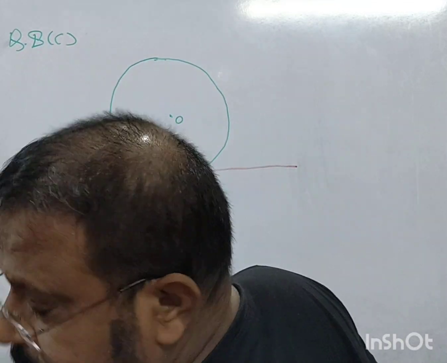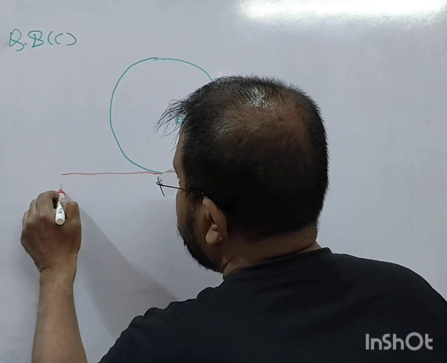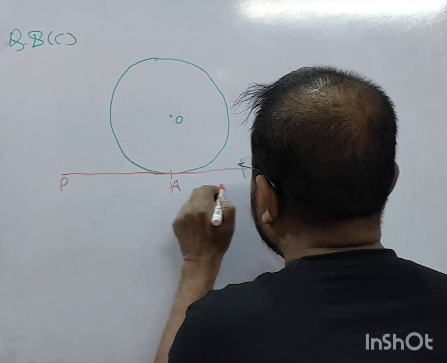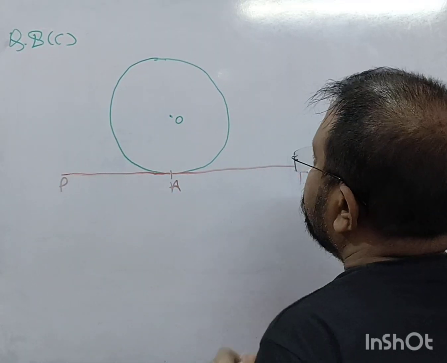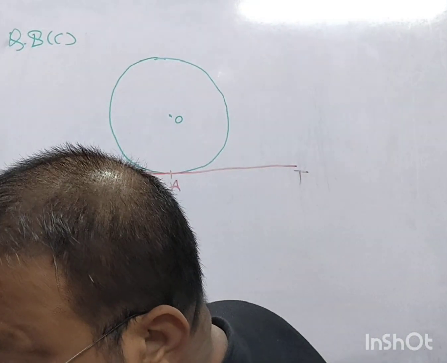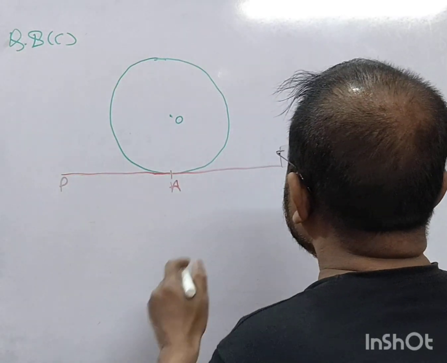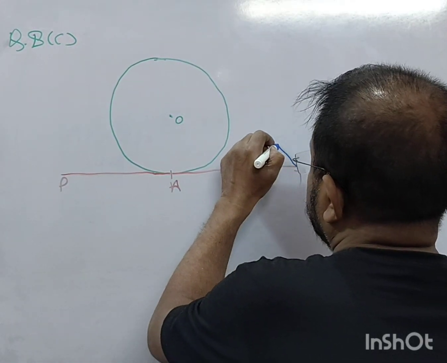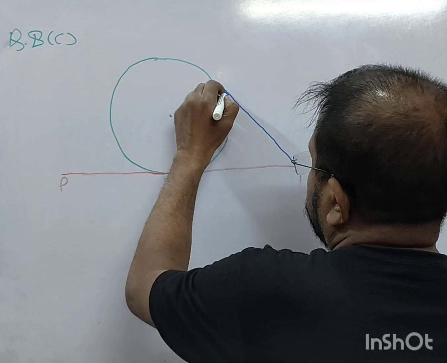Right? That is P, A, and P. Right? There is another tangent. What is that? QCD.